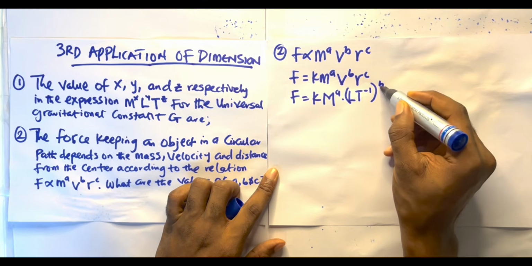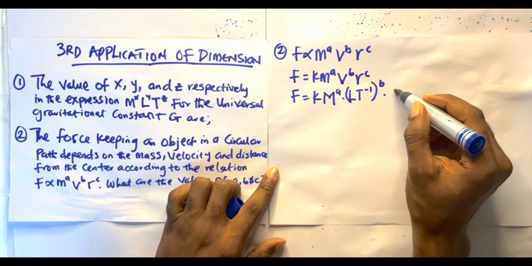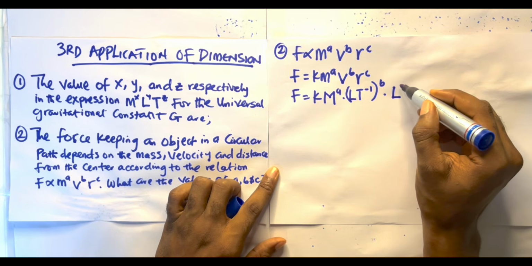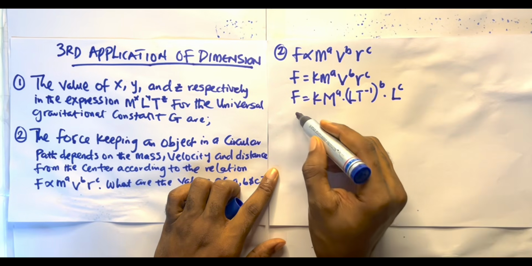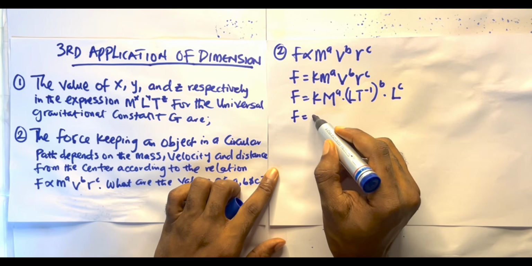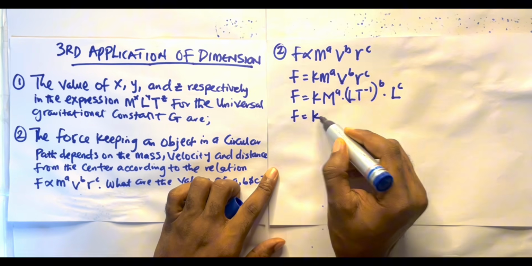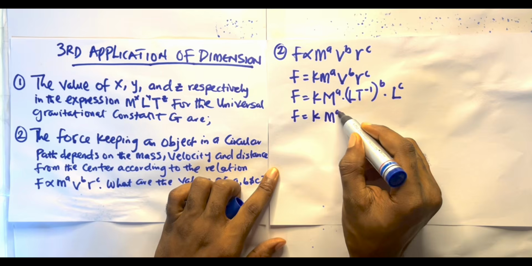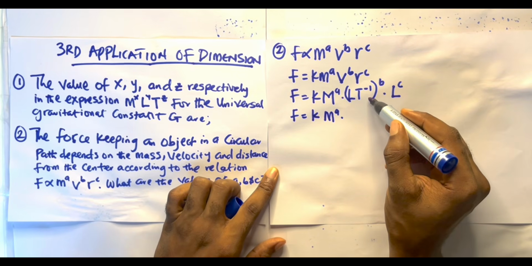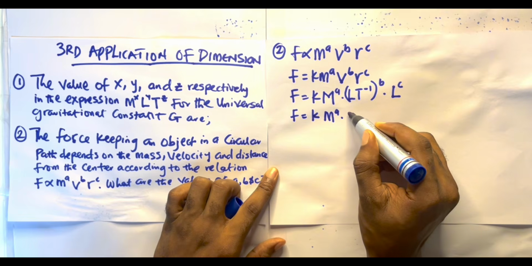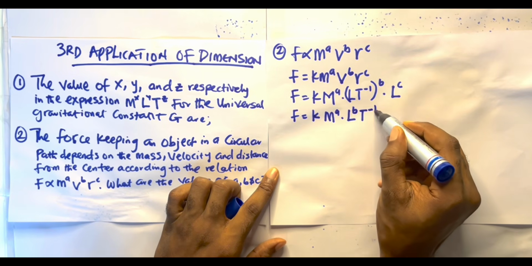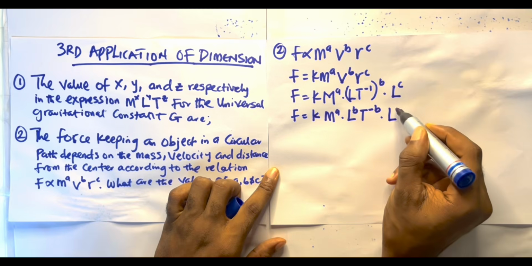So we put b outside, dot the dimensional letter for R is what? L, we have c. So therefore, we'll have F is equal to K, M^a, dot, let's open the bracket of this velocity here. We'll be having L^b T^-b, dot L^c.